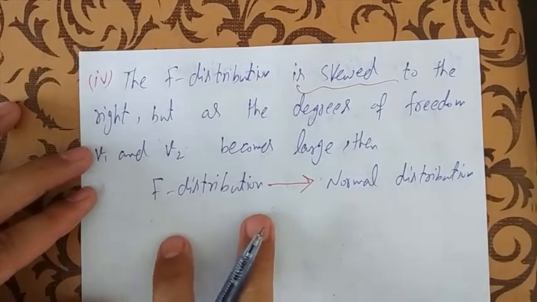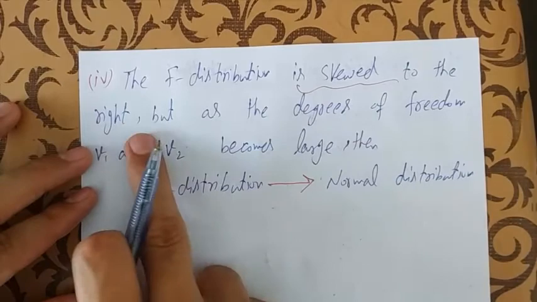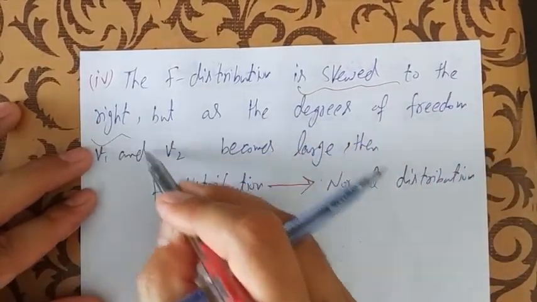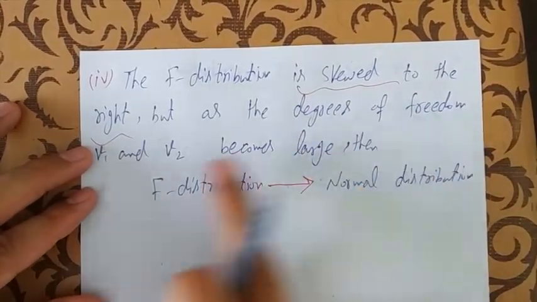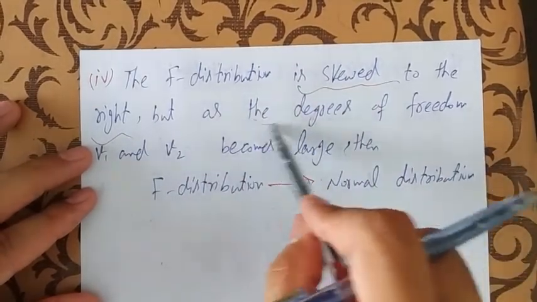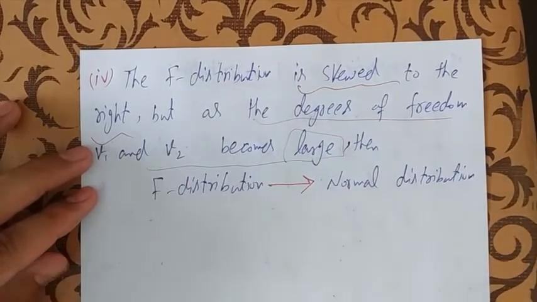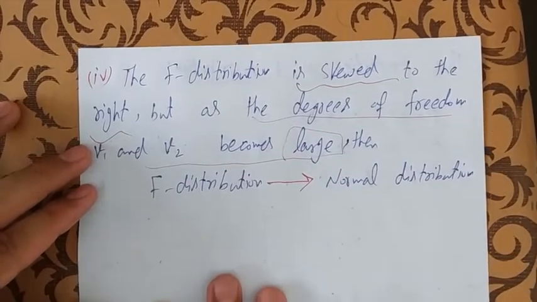When the F distribution is skewed to the right, but the degrees of freedom mu 1 and mu 2 become large, then the F distribution goes to the normal distribution.